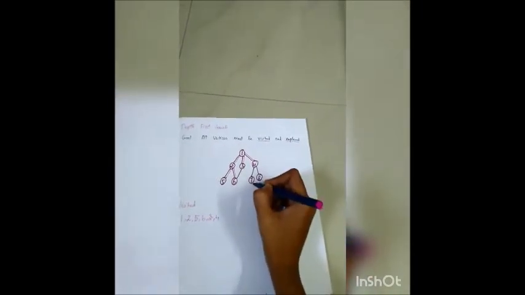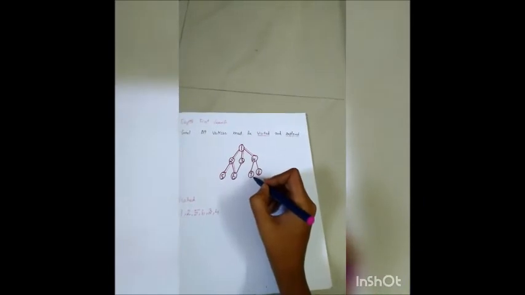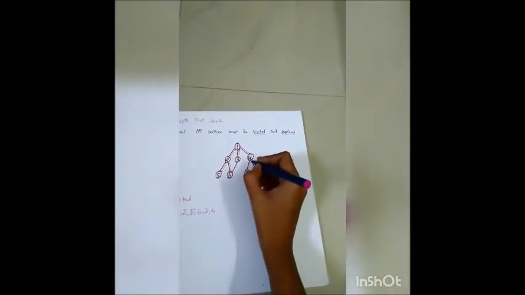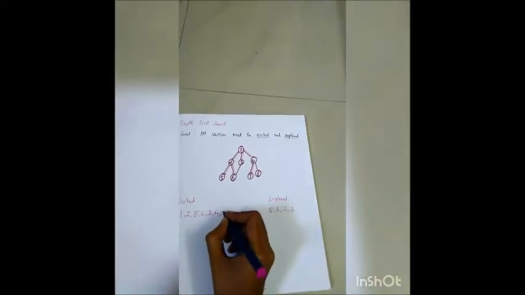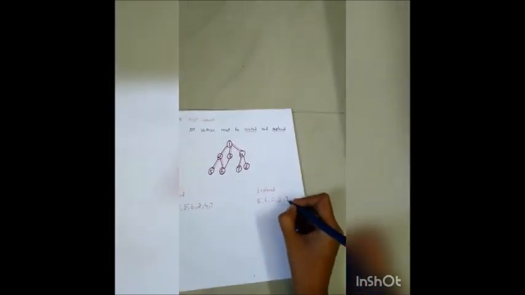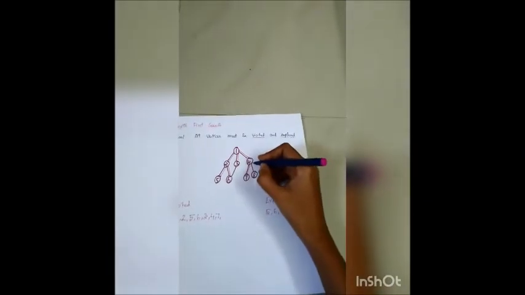Vertex 4 has 2 adjacent vertices, which are vertex 7 and vertex 8. Now start visiting vertex 7. 7 has no adjacent vertices, so 7 has been explored. Then you will go to 8. 8 is visited. 8 is also explored.